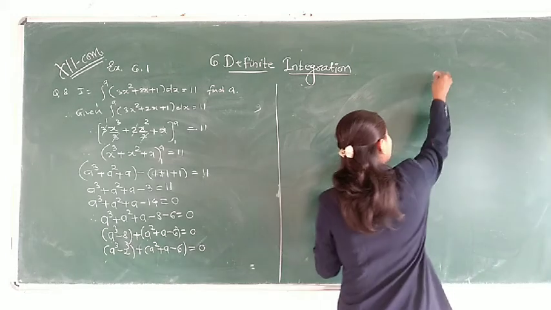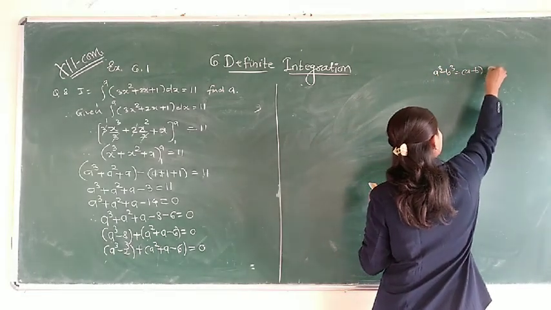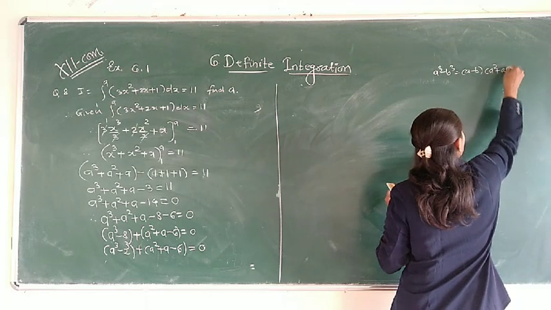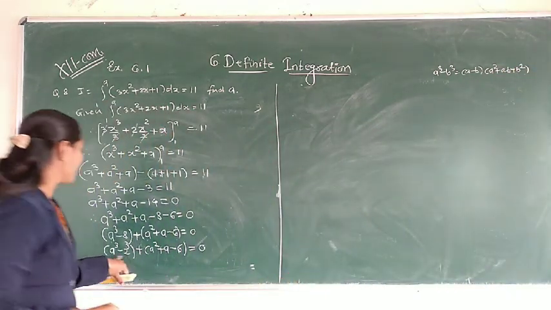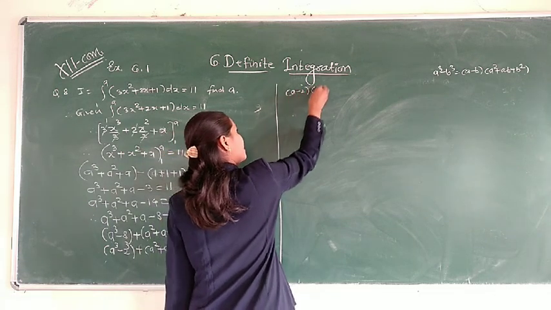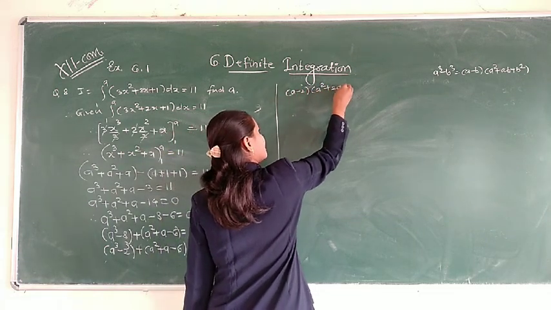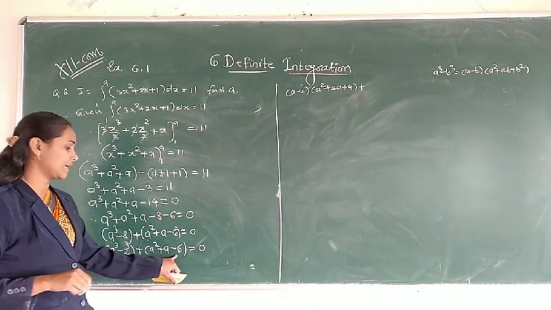A cube minus b cube is equal to what? That is a minus b into a square plus ab plus b square. So instead of a cube minus 2 cube, we can write a minus 2 into a square plus 2a plus 4, plus, see here, a square plus a minus 6.